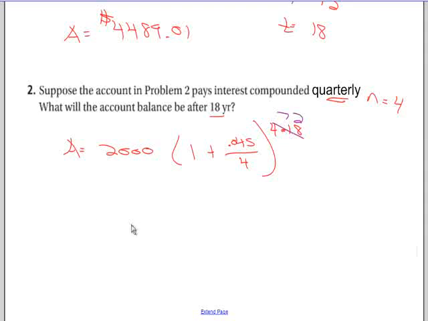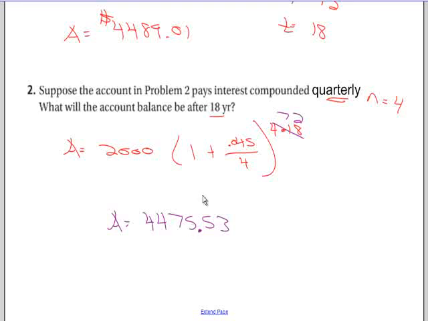And we're going to find out that now the amount is up to $4,475.53.